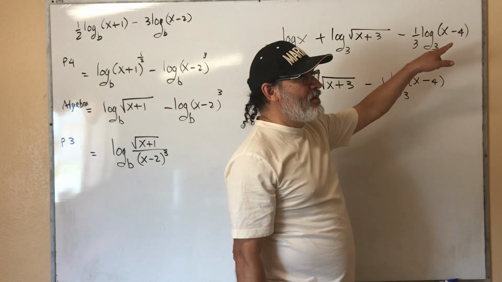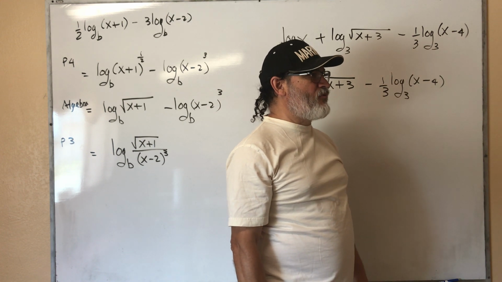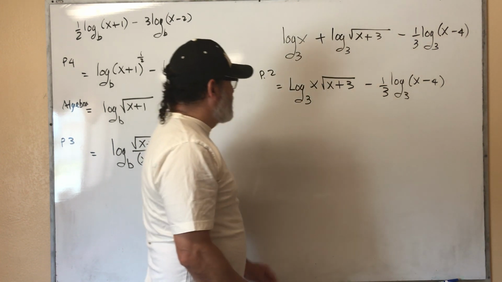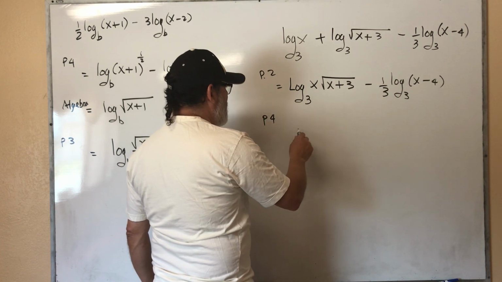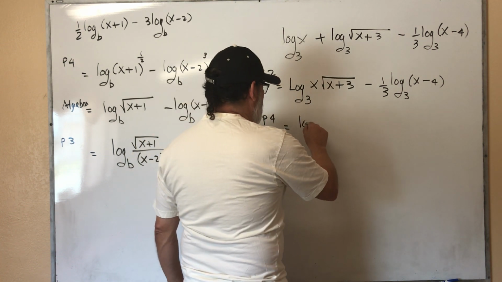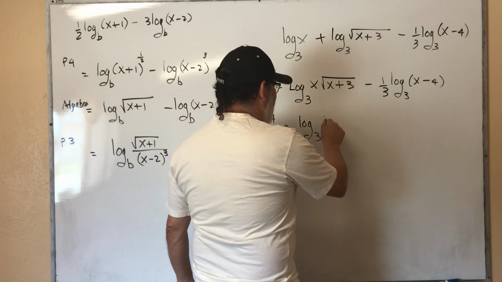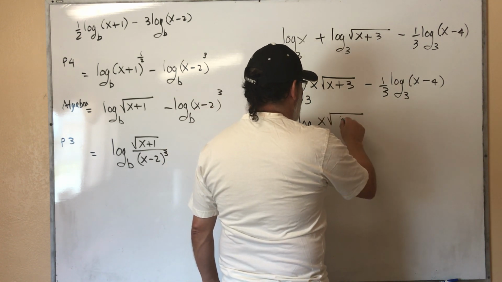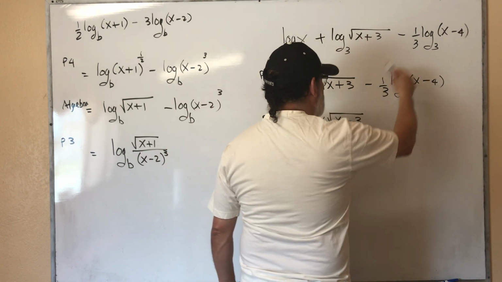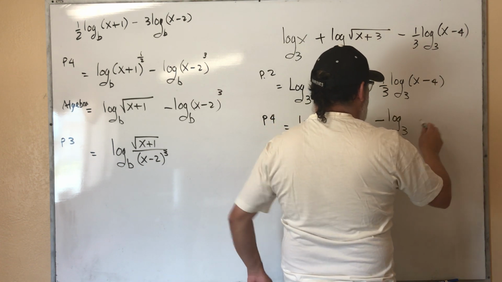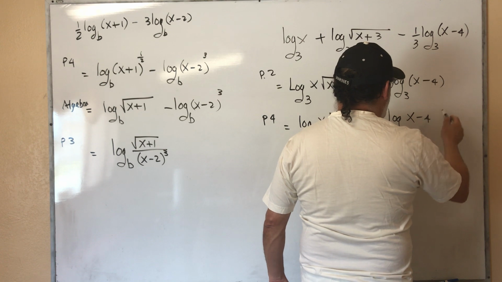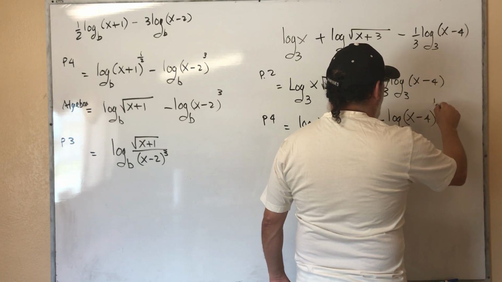This can go up, like property number 4. This is log base 3 of x times the square root of x plus 3, and this goes up, minus the log base 3 of x minus 4 raised to the 1/3.